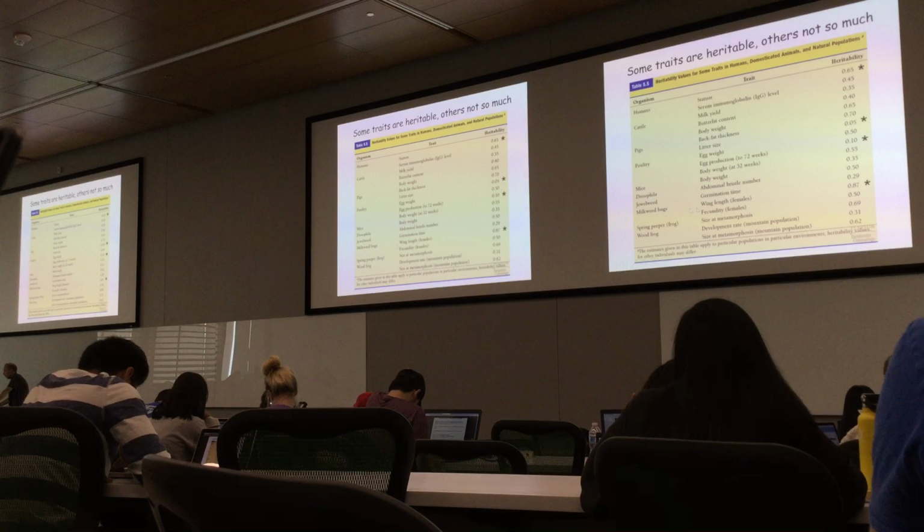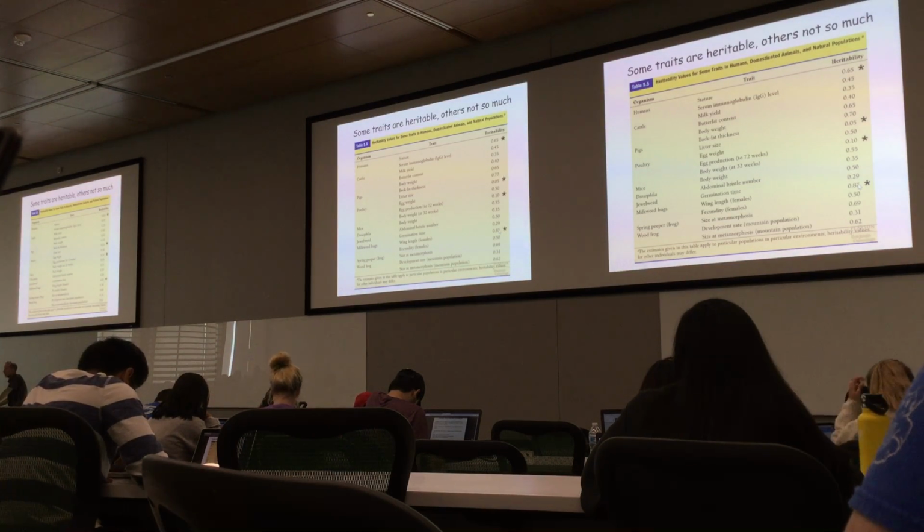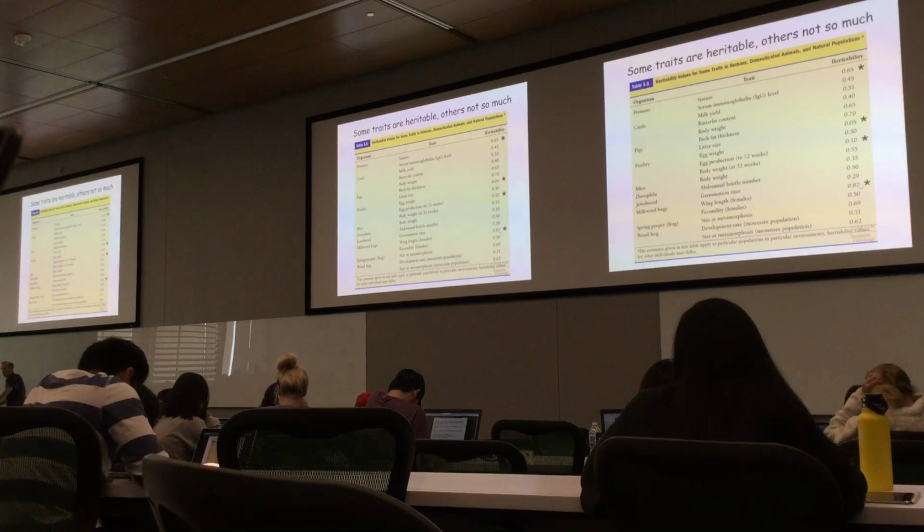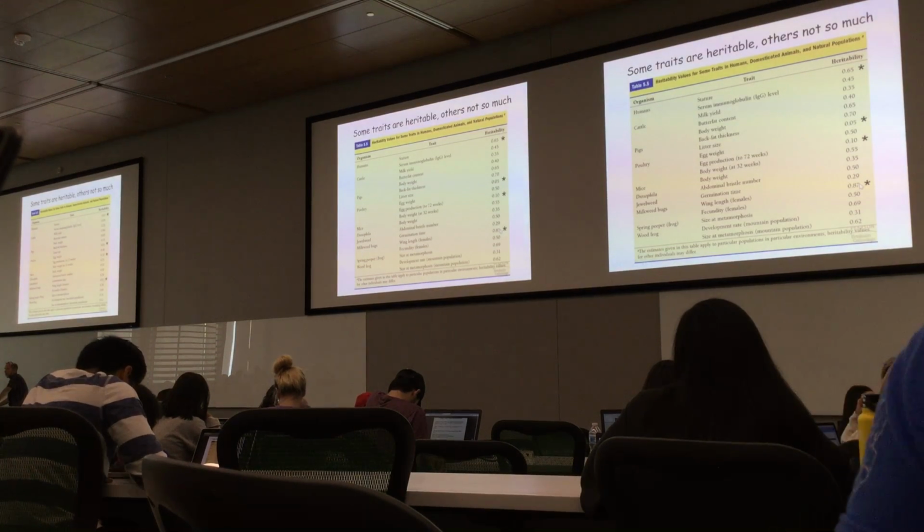Another one, I don't know why they picked these, but anyway, wing length in milkweed bugs, okay? 0.87, that's pretty high. That's a pretty good predictor, right? That's a phenotype which is strongly under genetic control.